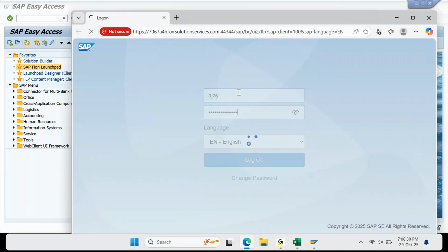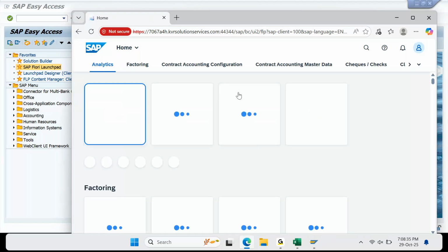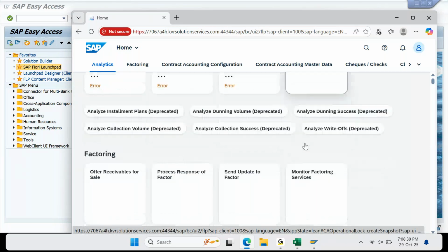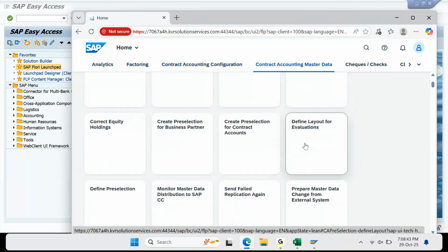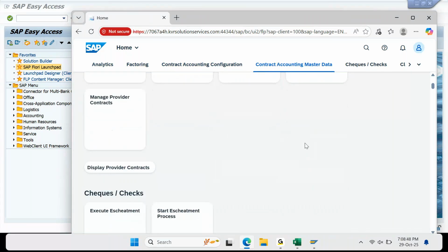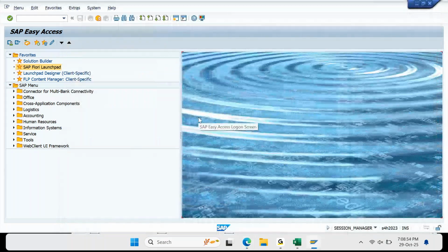These are the screens that we will be using to log into the SAP system. These are all called Fiori tiles or Fiori applications. You'll find different icons here, right? This is a web-based interface, and this is your application-based interface.